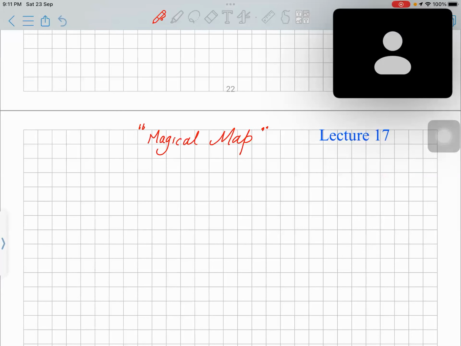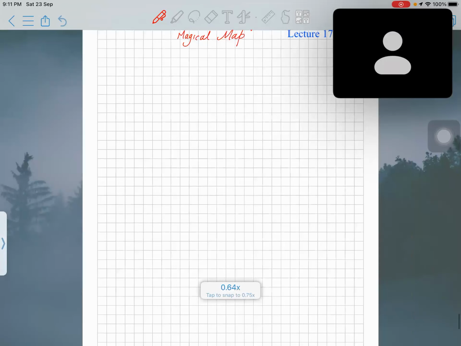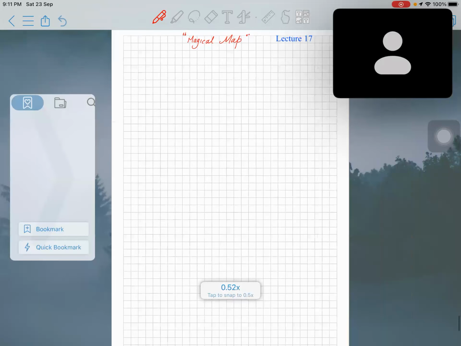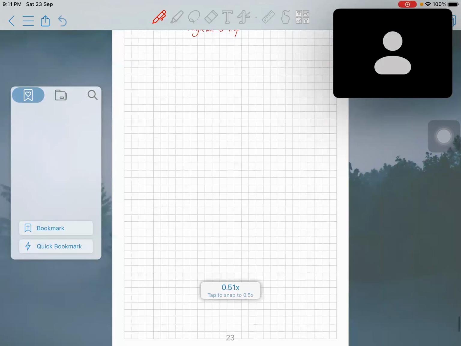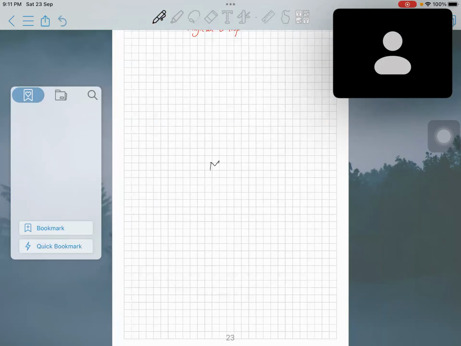So lecture number 17. Magical map. Let's suppose we have moles.